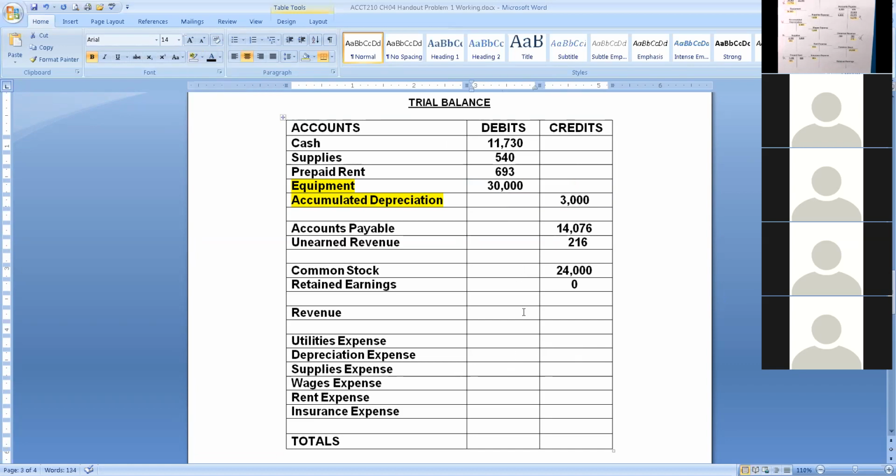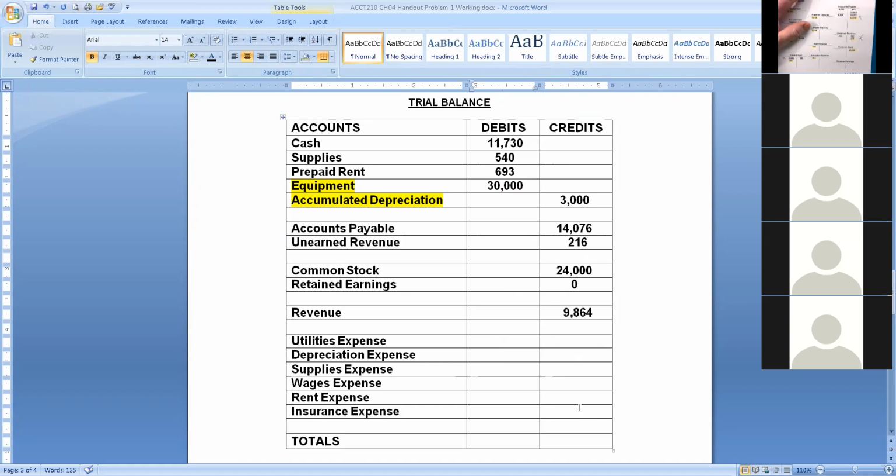Okay, revenue, 9,864. And all the expenses.